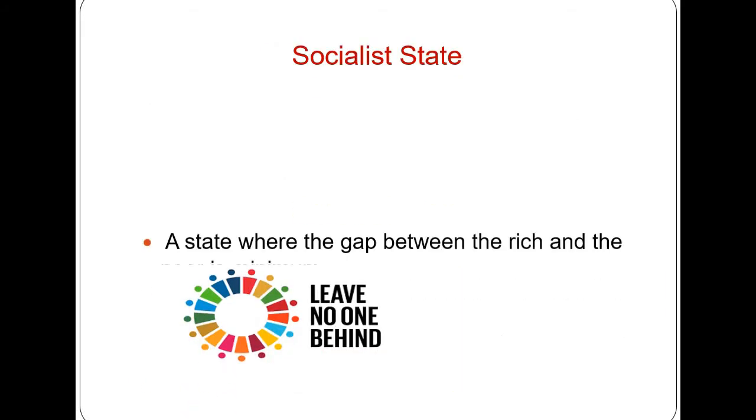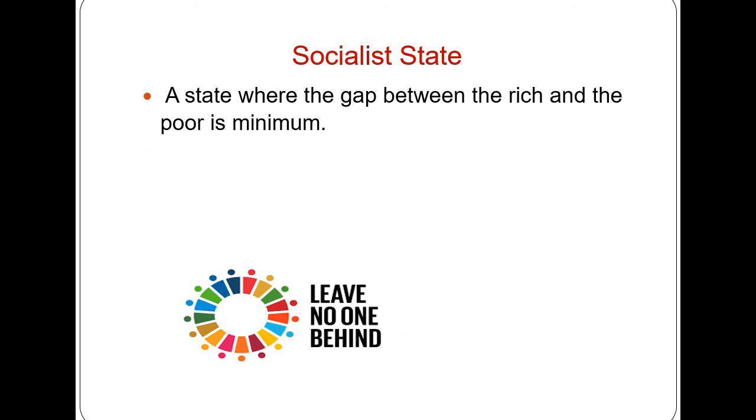Next is socialist. Socialist is nothing but, there are two groups of people in society, rich and poor. So according to the socialist state, there should not be a gap between the rich and the poor.